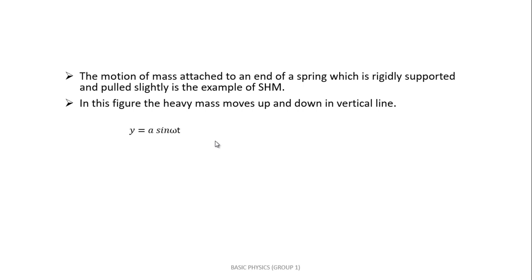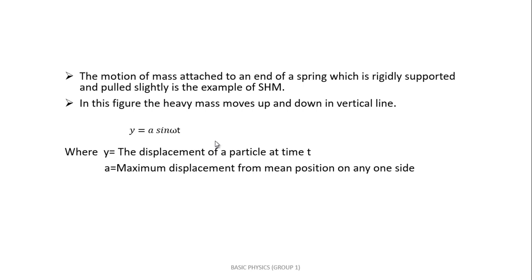Now first equation of SHM is y is equal to a sin omega t. Here y is the displacement of a particle at time t. A, maximum displacement from main position on any one side, either upper side or lower side.